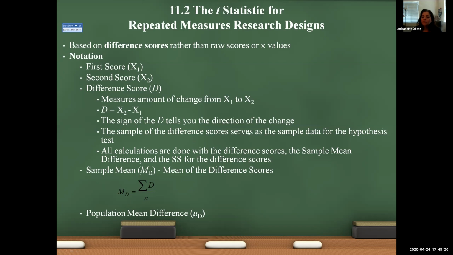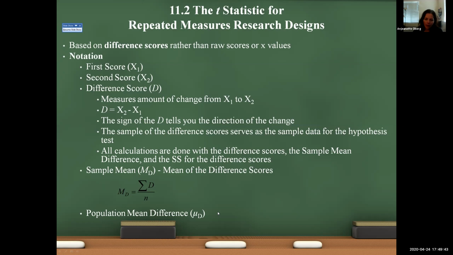The sample of difference scores is what we start to plug into our hypothesis testing. And we're looking at a mean difference score for the entire sample. And this is what we call a mean difference score, okay? The mean of the difference scores is the sum of all the differences divided by how many scores we have.